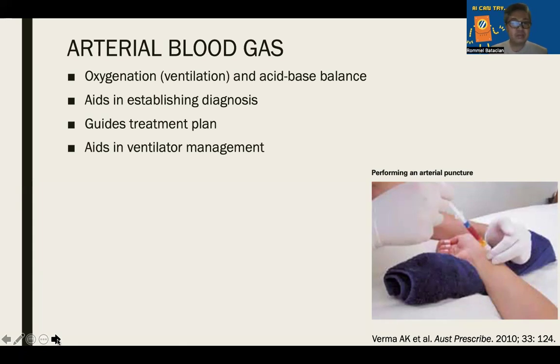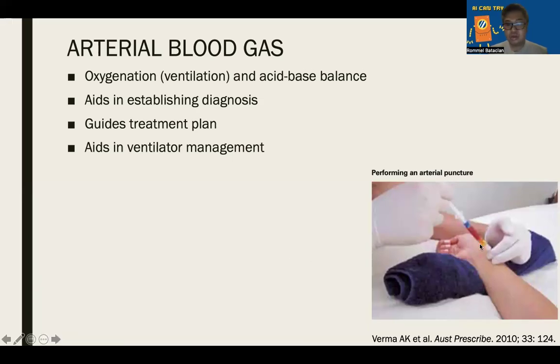If it's primarily an oxygenation problem, it aids us particularly in ventilator management, or how we assist the patient in order to get an adequate amount of oxygen in their body.